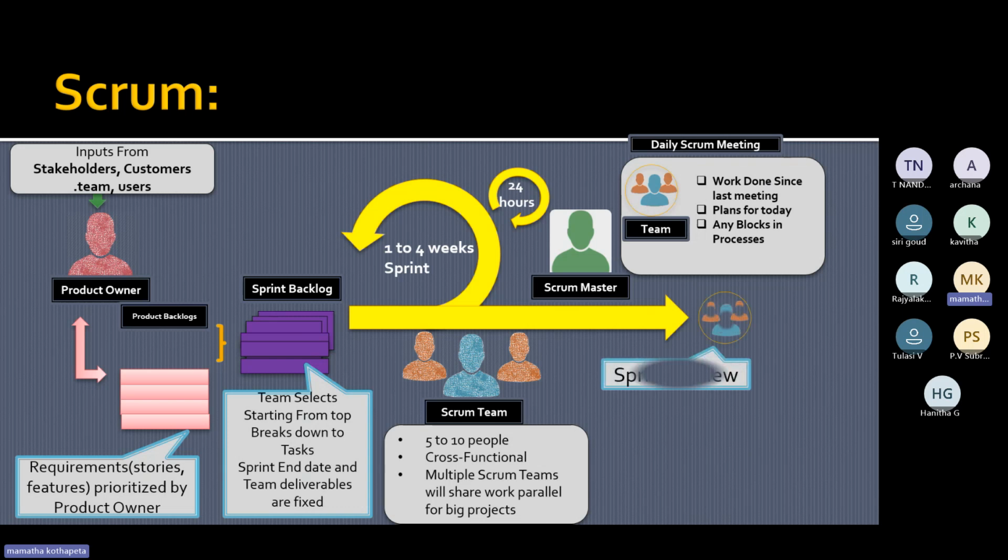Once the requirements are developed and the sprint backlog has the requirements, the developers, the Scrum team, will start working on it. Once it is ready, as we just discussed, the sprint review is completed.